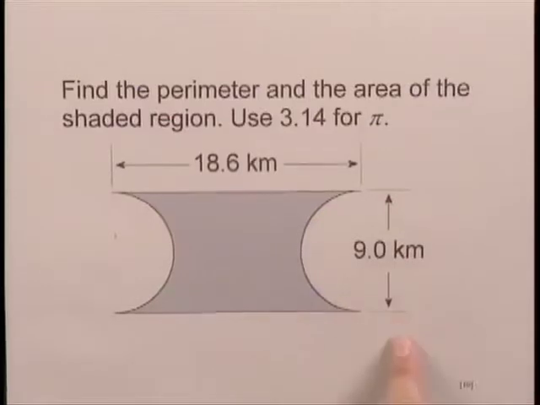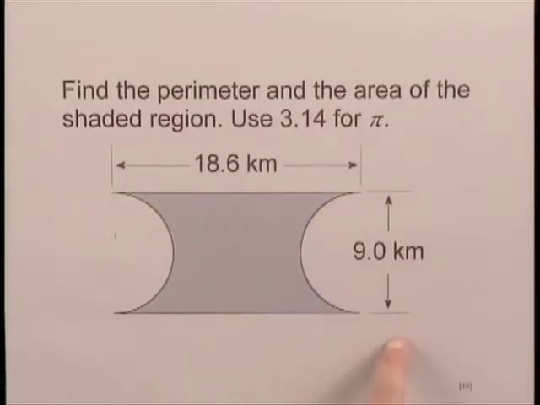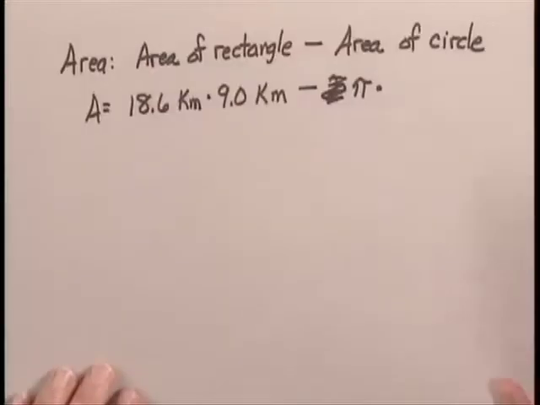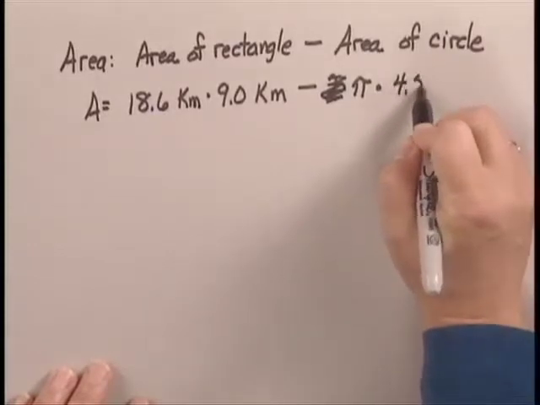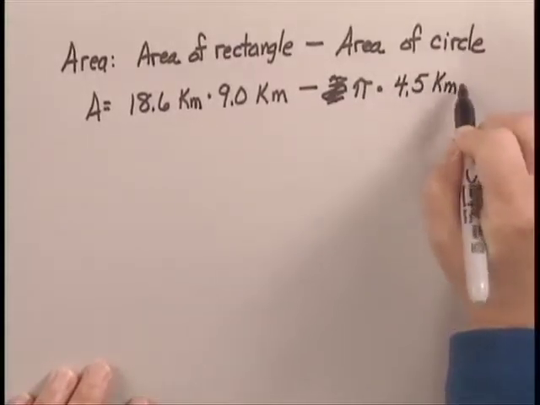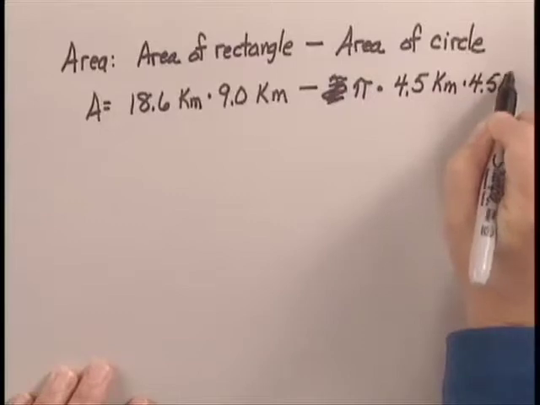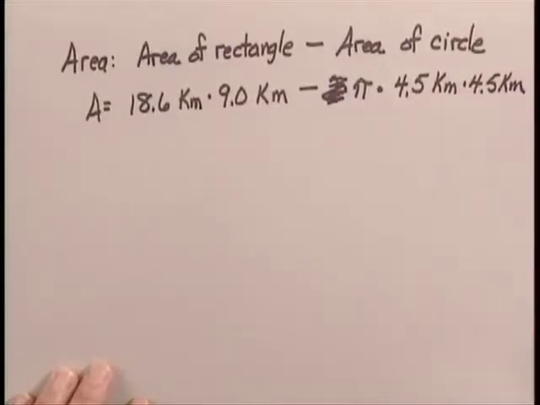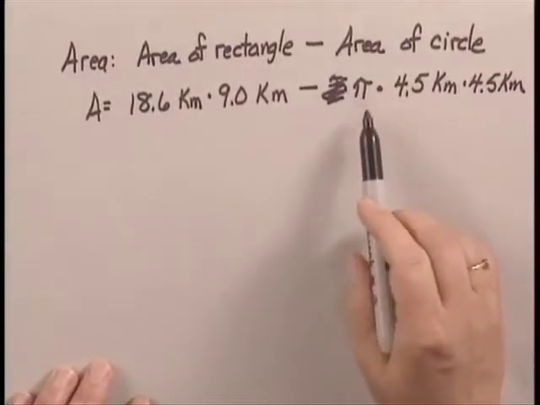Again, we do not want to use the diameter. We want to use the radius, which is 4.5 kilometers. So I use 4.5 kilometers times 4.5 kilometers. On my next step, I'll substitute 3.14 for pi.